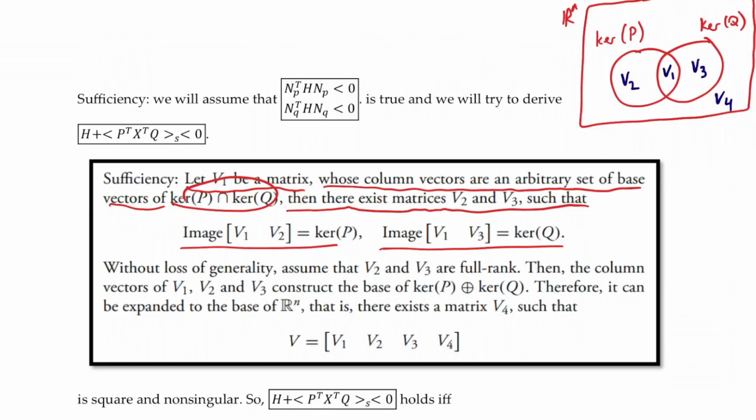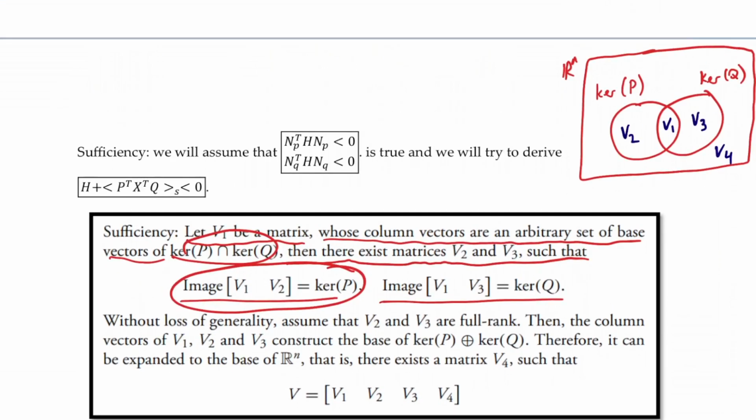So let's focus on the first expression. This basically states that V1 and V2 in a way are in the null space of P.